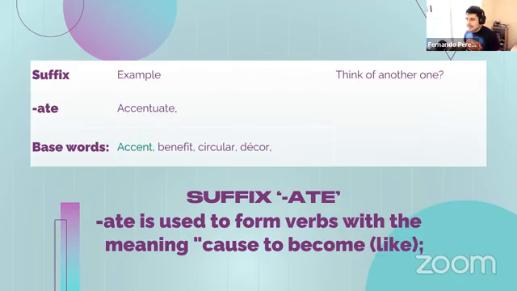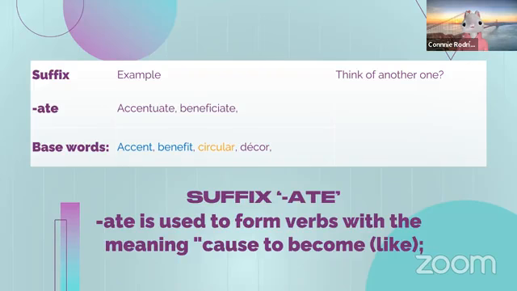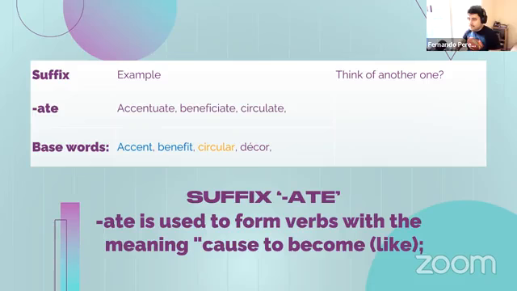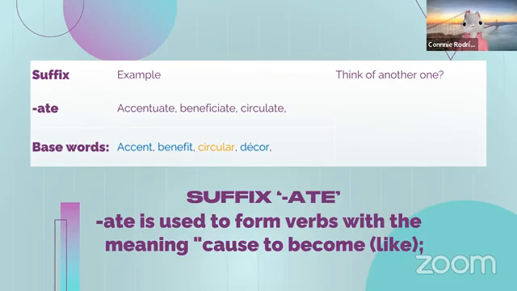This is a verb when accent is a noun. Benefit, which is a noun, becomes beneficiate. Not that easy. Circular, which is an adjective: circulate. Very good. And decor, which is a noun, becomes decorate.